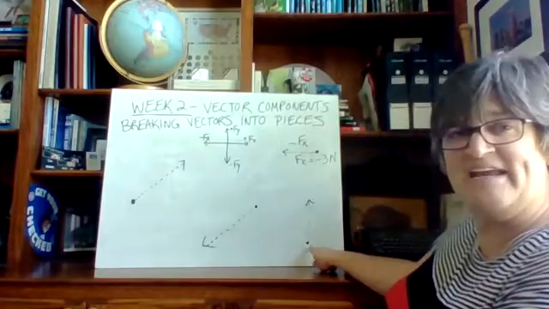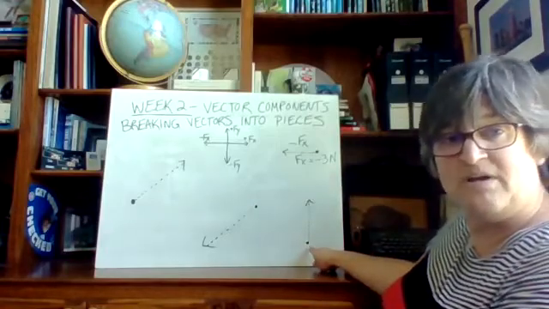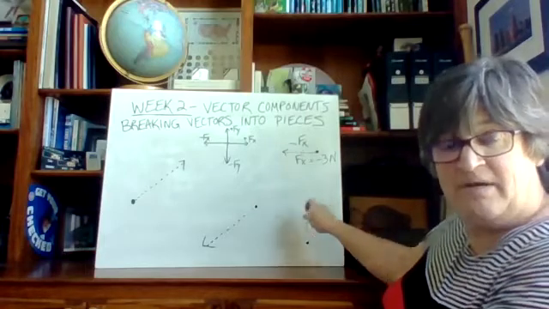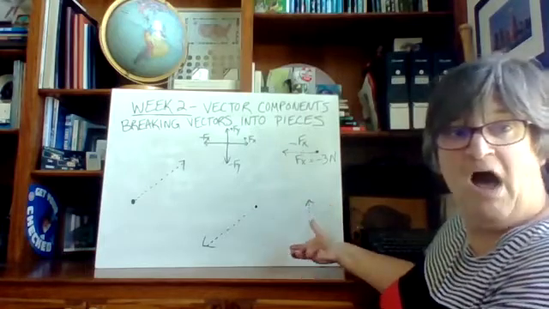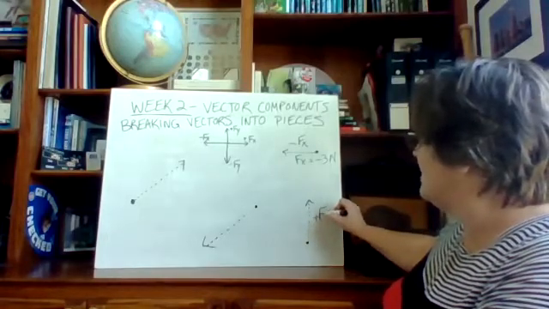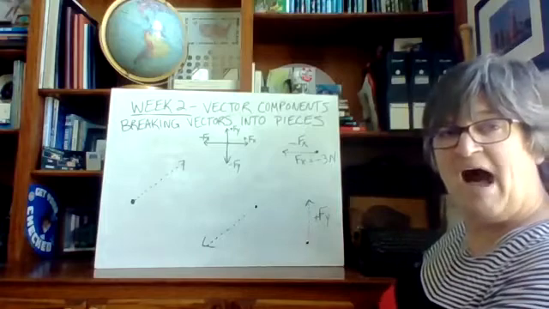This one right here does not need to be broken up into pieces either because it's going straight up. Straight up is a y. So this would be a positive Fy.